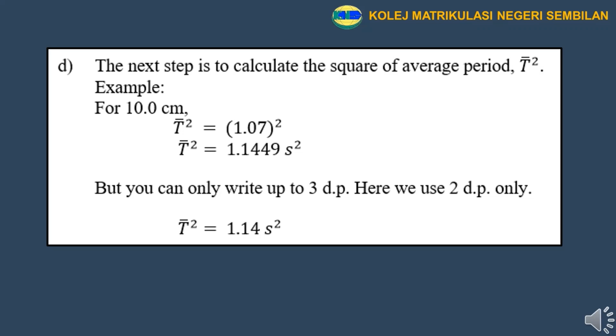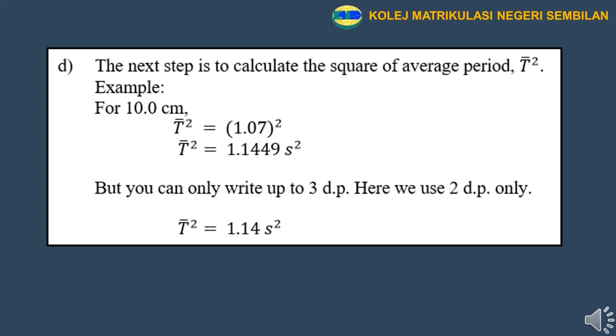D. The next step is to calculate the square of average period, T bar square. Example, for 10 cm, T bar square equals 1.07 square. Therefore, T bar square equals 1.1449 seconds square.